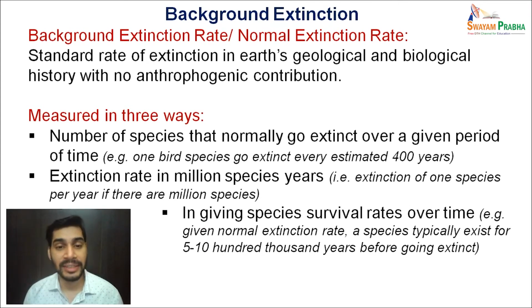The third method can be giving species survival rates over time. For example, given the normal extinction rate, a species typically exists for 5 to 100,000 years before going extinct. So depending on the species, any of these methods can be used to calculate the normal or background extinction rates.